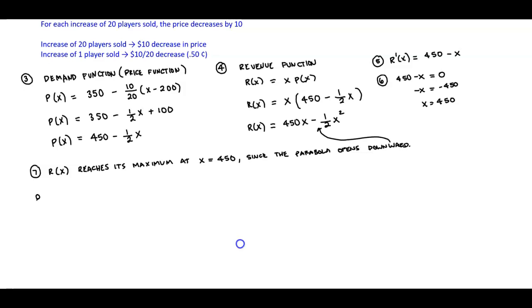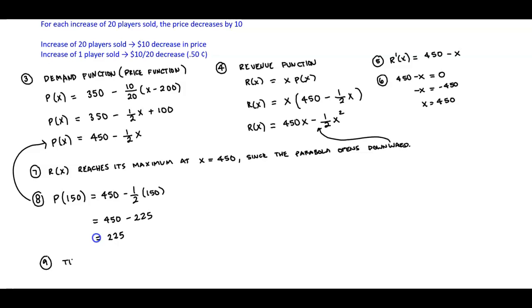So now we want to find out what happens at P of 450. We're going to plug that into the price function here. So we have 450 minus 1/2 of 450, which gives us 450 minus 225, and so that equals 225.